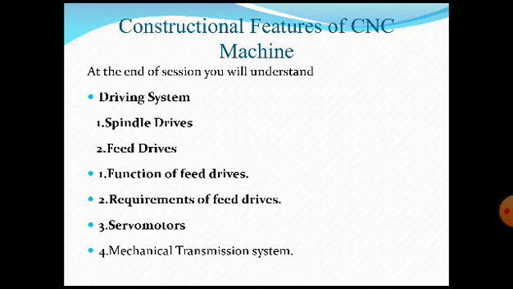A very simple definition of a driving system is that it is what gives the motion. That is why we take the example of a motor, because a motor is a very basic device responsible for providing the motion, only by using a certain mechanism which converts rotary into linear motion.